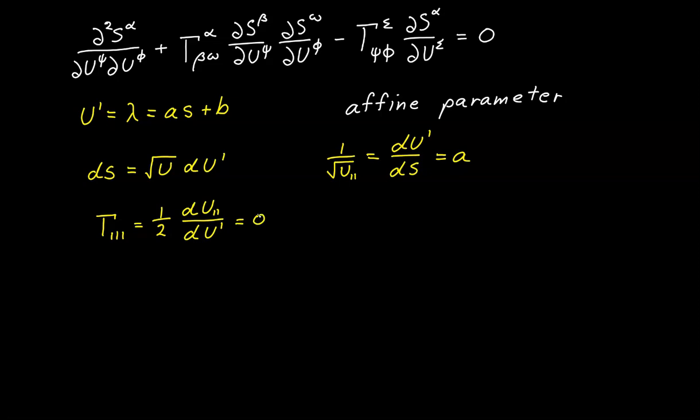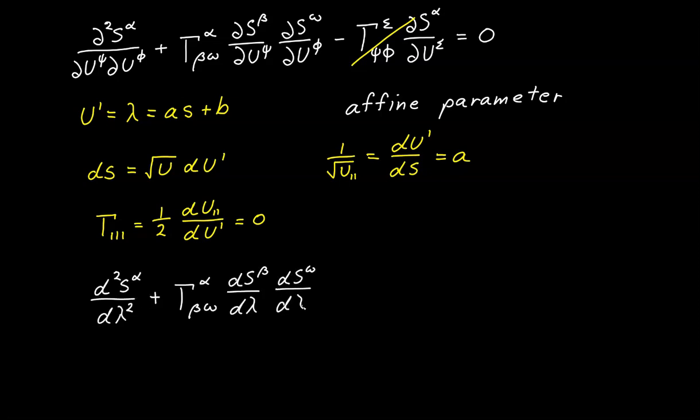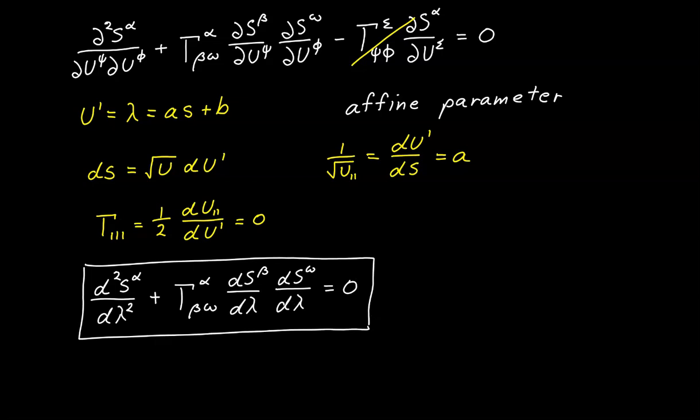So all that means that if we choose to use an affine parameter in place of u1, this last term right here drops out because the curve Christoffel symbol becomes 0. And this means that our expression simplifies to the following form. This then is the differential form for a geodesic as it is most commonly presented. But always remember that it is only true if lambda itself is an affine parameter.